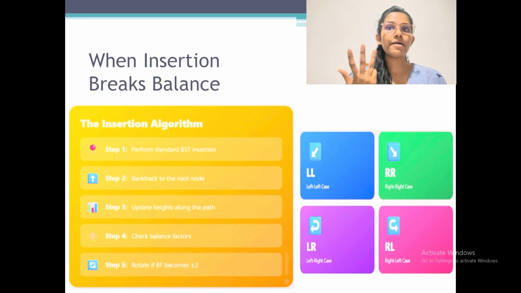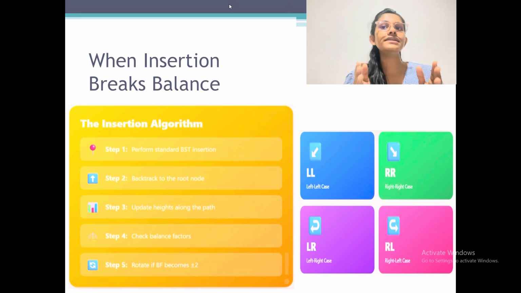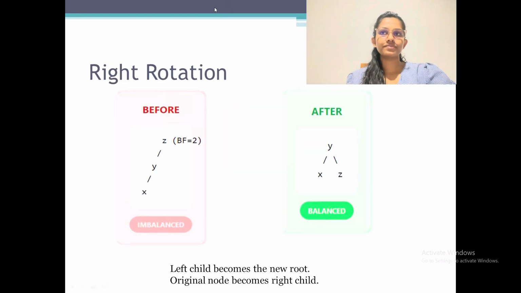The insertion happened in the left subtree of the right child. Each of these cases requires a specific type of rotation or combination of rotations to restore balance. The first 2 cases are simpler and require single rotations, while the last 2 cases require double rotations.